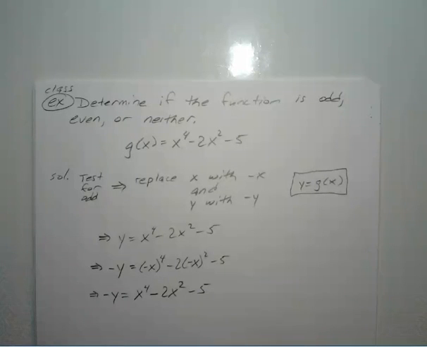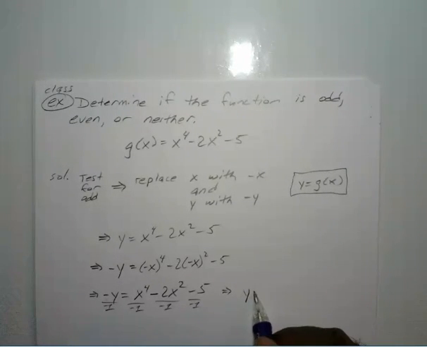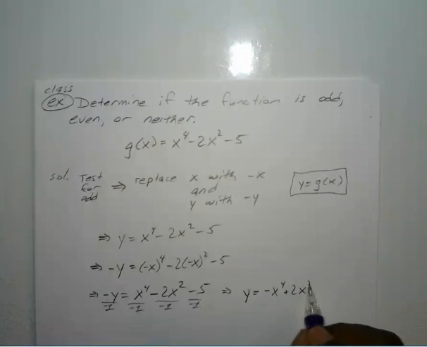Okay, now this would be okay, but we have that negative in front. So divide everything by negative 1. Okay, so negative divided by negative is positive. So we have y equals, positive divided by negative is negative, negative x to the fourth plus 2x squared, negative and negative is positive, plus 5.